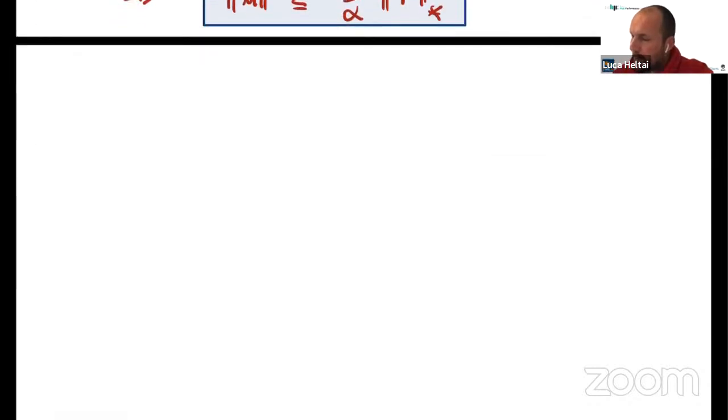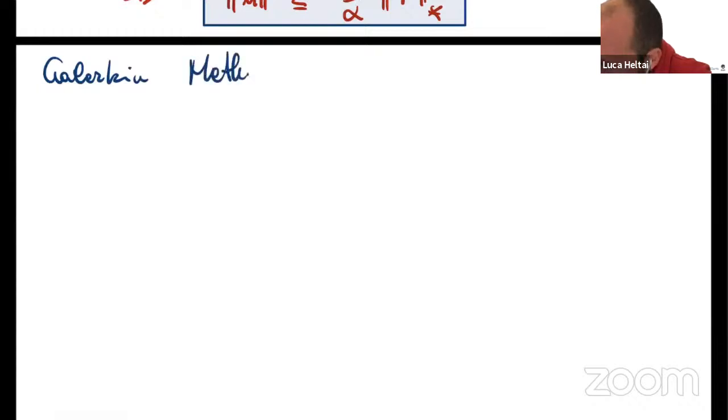Now let's go forward and let's apply the Galerkin method. The Galerkin method is the following.